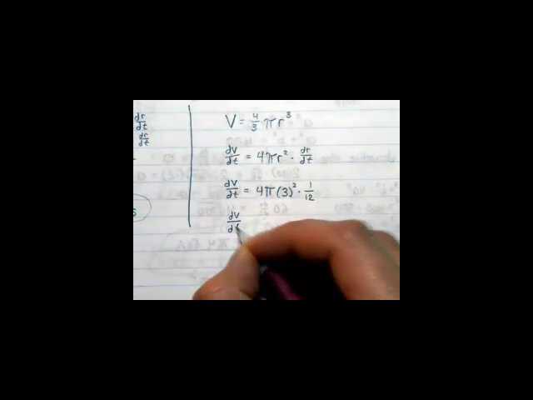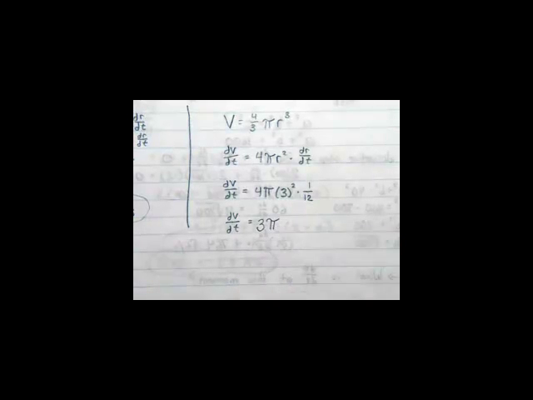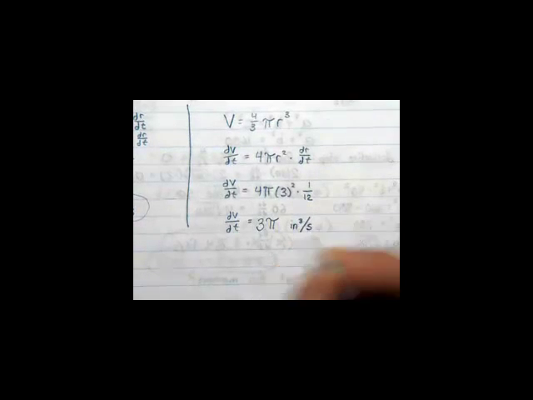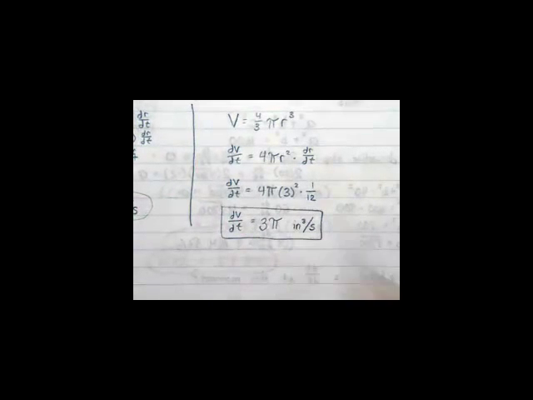If we multiply that all together, simplify it up, it's going to end up being 3 pi. And what should be the units for that then? dv dt. Right. And there you go. We can do that one too then.